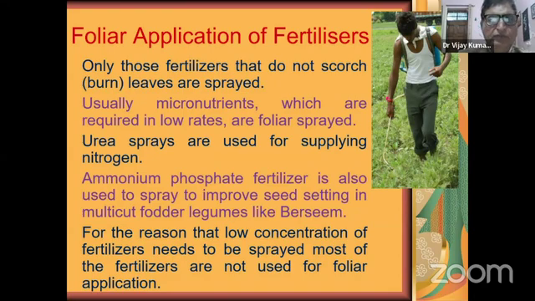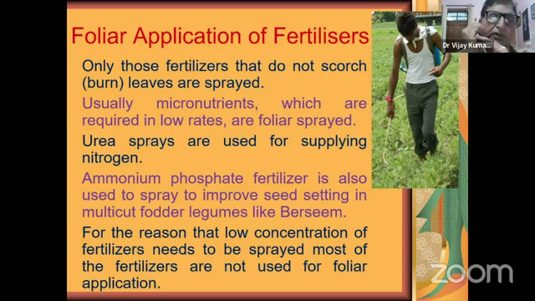Foliar application of fertilizers. Only those fertilizers that do not scorch leaves are being sprayed. See, as I said, we have to improve the fertilizer use efficiency. So if we are applying the fertilizer as such on the crop or on the foliage, certainly we will have a greater fertilizer use efficiency.